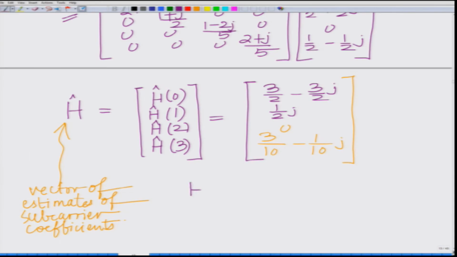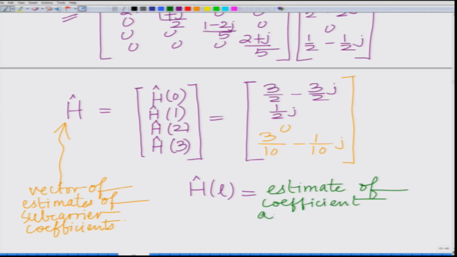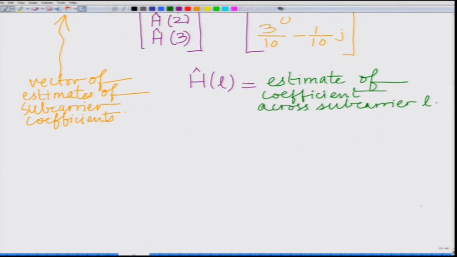For instance, h hat of L equals the estimate of the coefficient across subcarrier L, all right. So, now we have found the estimates of the coefficients across the various subcarriers, that is h hat 0, h hat 1, h hat 2, h hat 3, that is the capital H's, right.